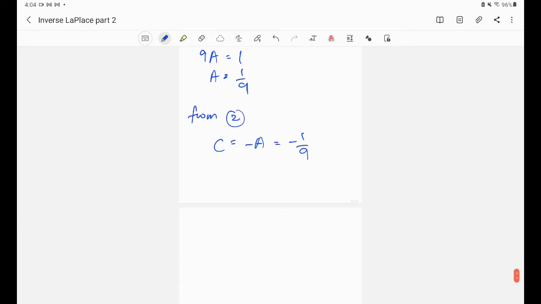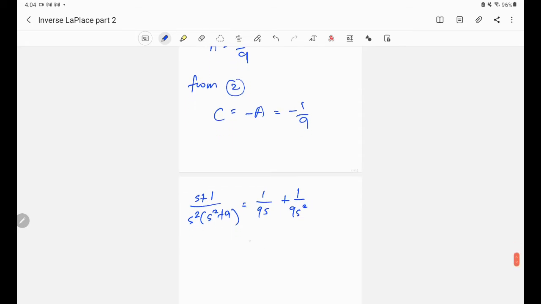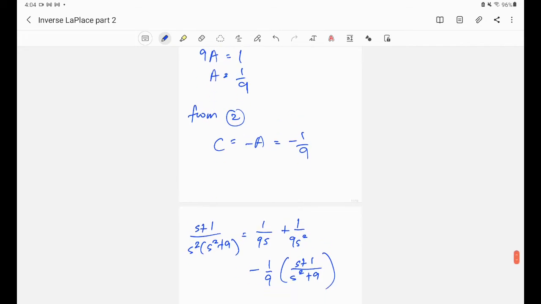We can put it back into the equation. We can say that (s + 1) over (s squared plus 9) is equal to 1 over 9s plus 1 over 9s squared minus 1 over 9 times (s plus 1) over (s squared plus 9), because c is minus 1 over 9 and d is minus 1 over 9.